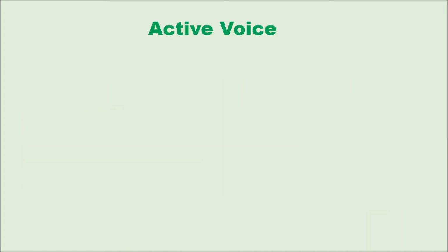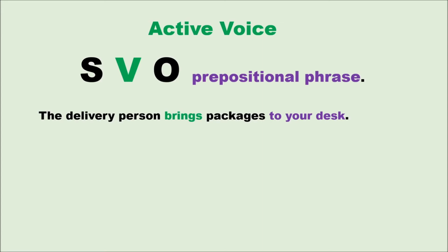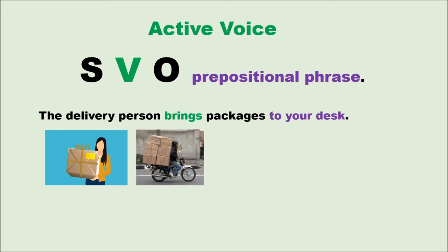Perfect. Now we'll do an example of an active voice sentence with a prepositional phrase in it. The delivery person brings packages to your desk. Excellent. Here, the prepositional phrase to your desk at the end of the sentence will remain in place. The subject is the delivery person. And what's the verb? Brings.